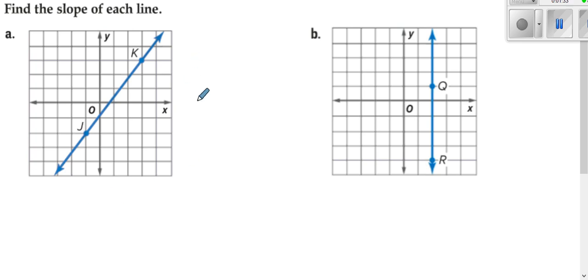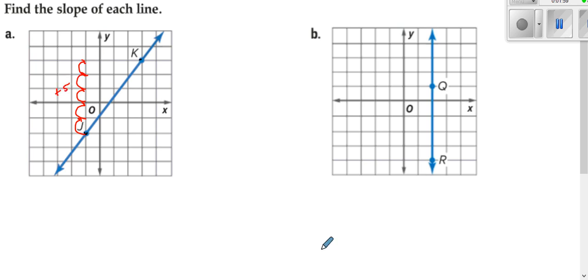There's a couple of ways that you can do this. One way is just by looking at the rise and the run. Okay, it's rise over run. So if I'm going from this point to this point, and I ask what's the rise, I'm talking about how many units it's going up. So to get from J to K, the rise will be 1, 2, 3, 4, 5, up 5.